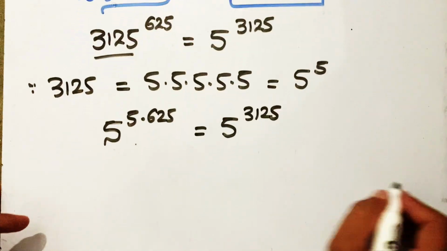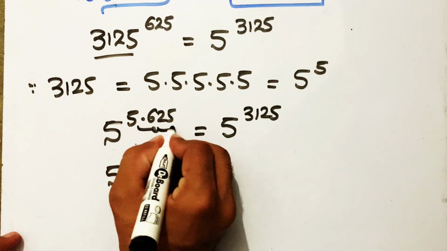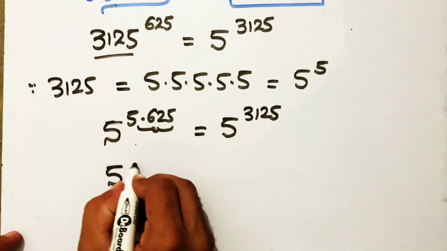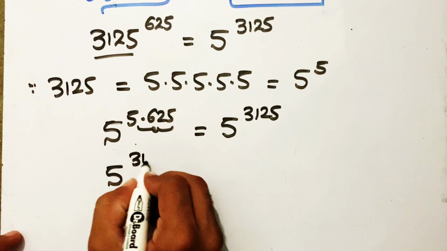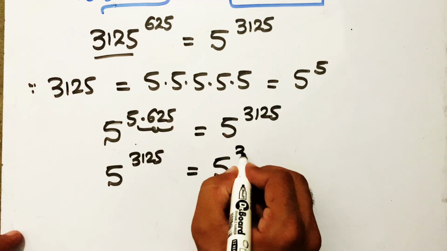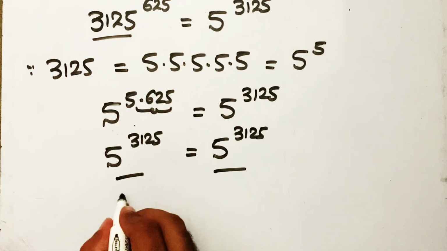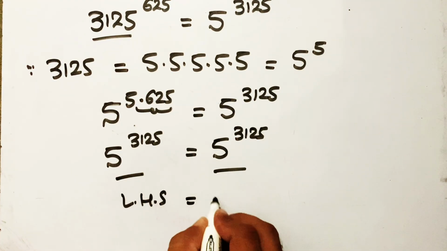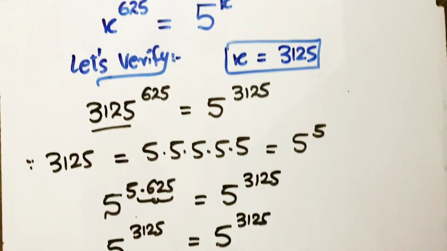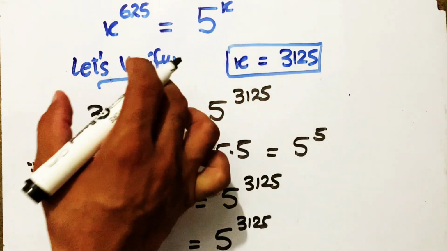So 5 multiplied by 625 becomes 3125, giving 5 to the power of 3125. This means the left hand side equals the right hand side. As we saw, x equals 3125 is suitable for our main equation.